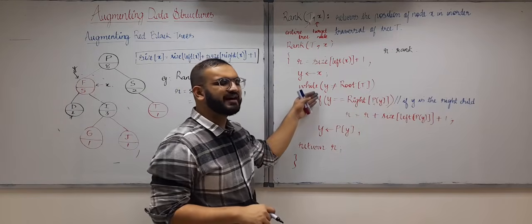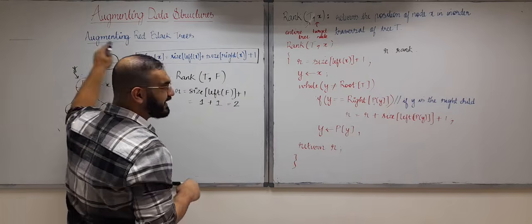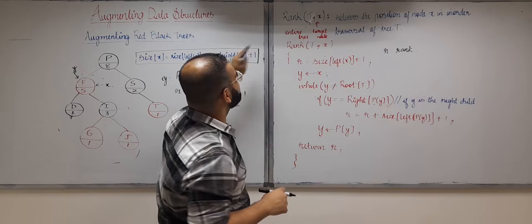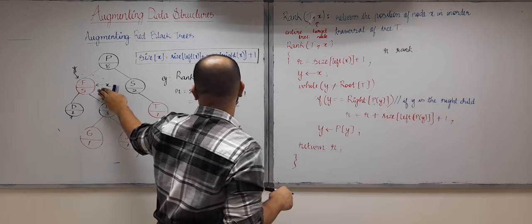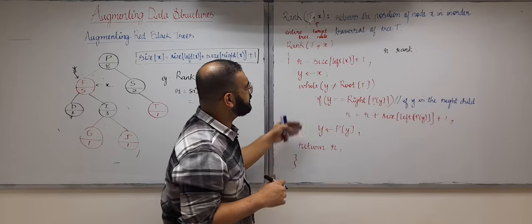Now there is a while loop which will run until we reach the root of the entire tree. We are going upwards to find the rank of node f in the entire tree. What does this while loop say?